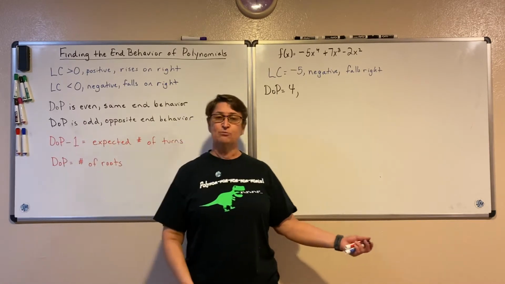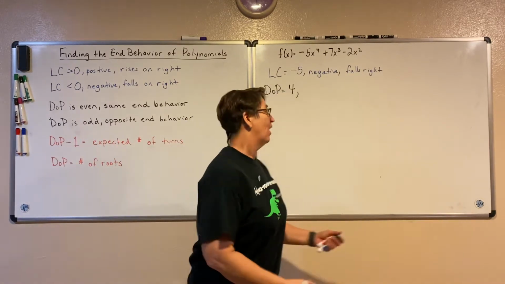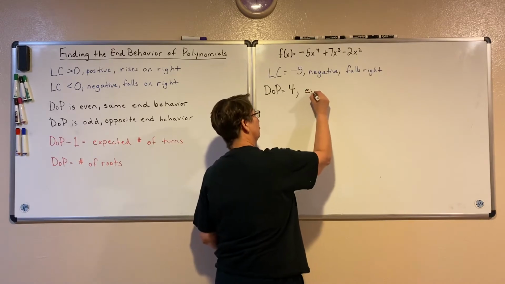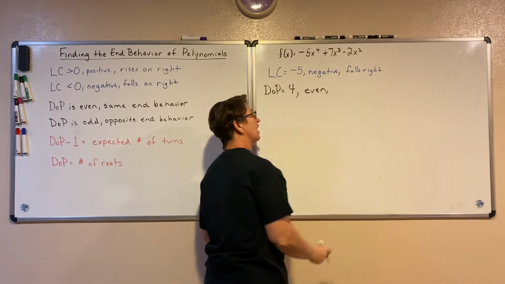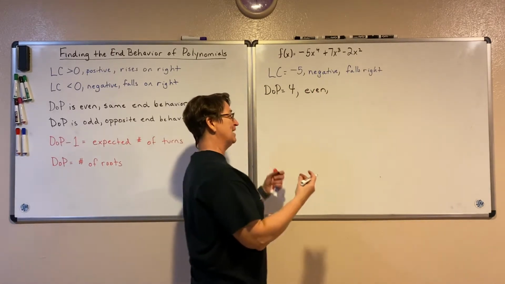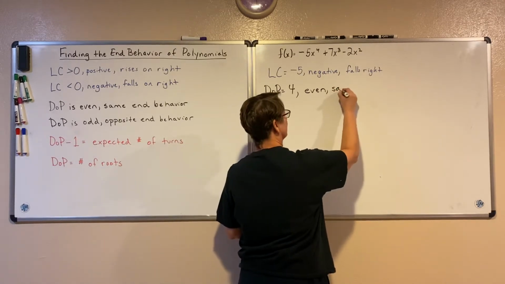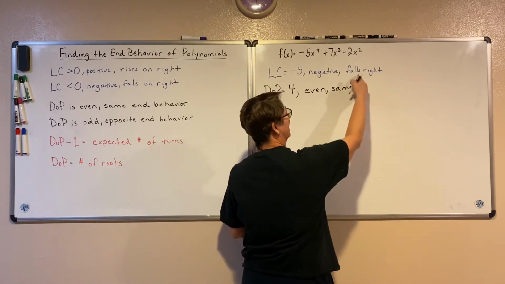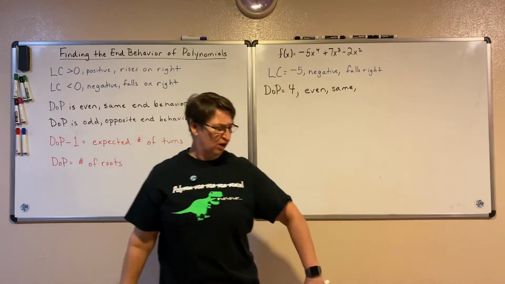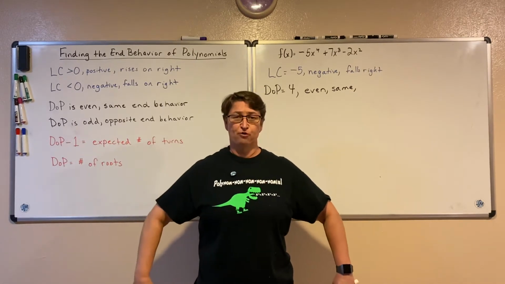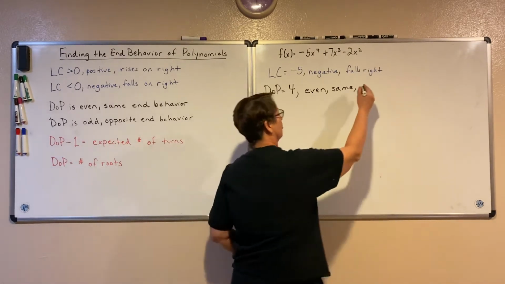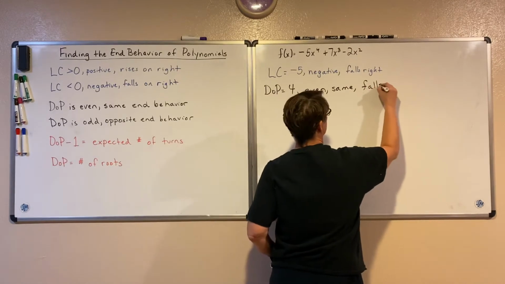In this case, my degree is even, so I need to let my reader know that. Because it's even, we're going to have same end behavior. And that means that if it's falling on the right, it's also going to be falling on the left. So it falls left.